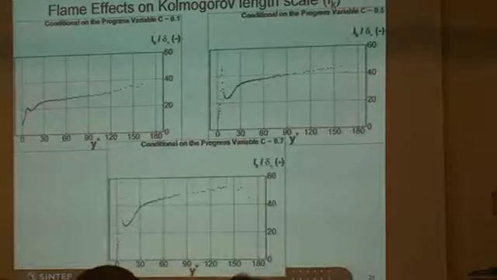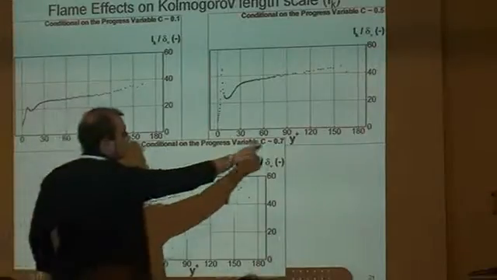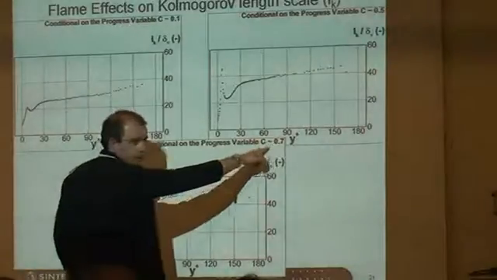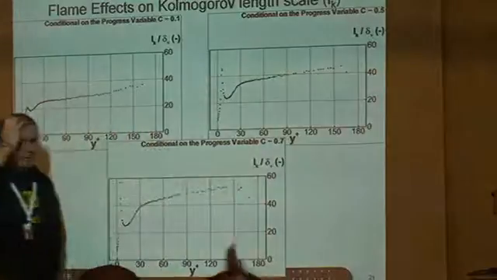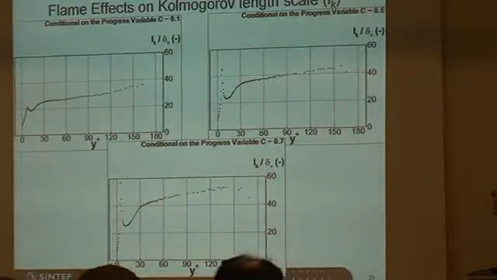If you want to draw a vertical line corresponding to the flame position, where would that be? I'm not sure. I mean, this is only for this. That's fine. If you want to draw a vertical line corresponding to the location of the base of it, where would that be?